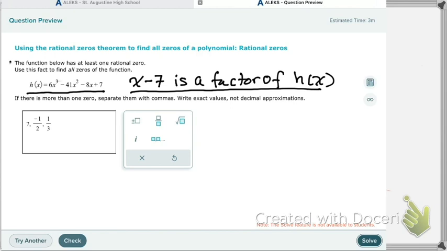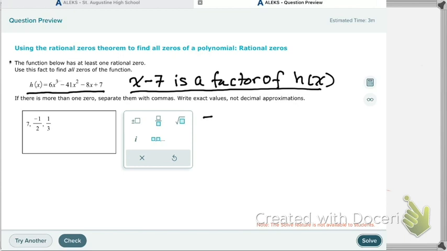If I know that something is a factor of something else, like if I'm looking at 63 and I know that 9 is a factor of 63, what do I do? I divide 63 by 9 and get 7. So since I know that x minus 7 is a factor of this polynomial, how do I find the other factors? I divide. I'm going to divide this, since it's in this convenient form, by x minus 7, I'm going to use synthetic division.